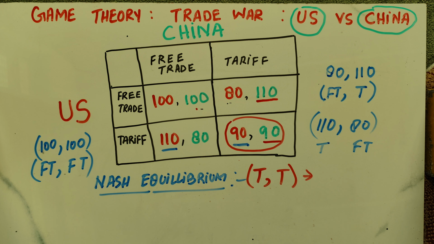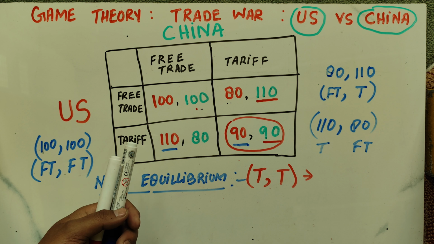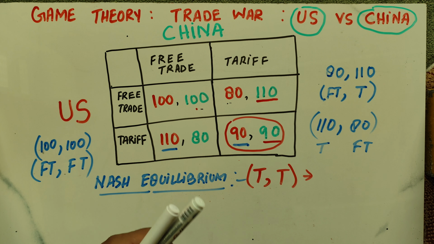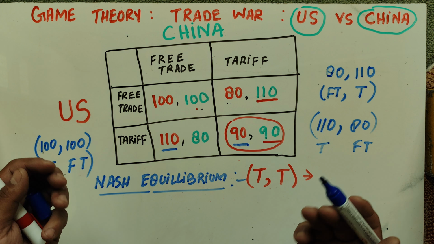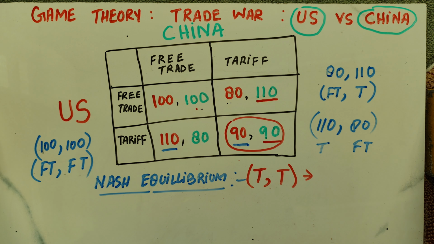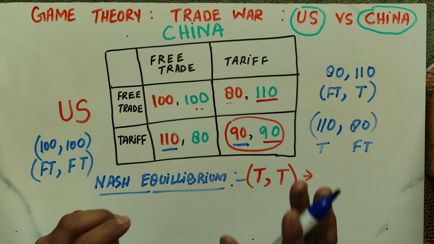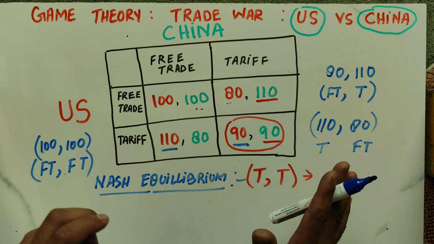Now if you can see here, is imposing tariff and tariff a better choice for both the countries? No, you can see here, if both opt for free trade, they would have been both better off. That means Nash equilibrium is not Pareto efficient. What is Pareto efficient?